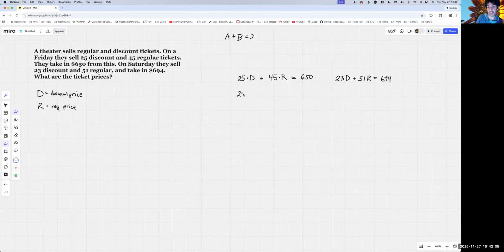So for example, I could subtract 45R from both sides, and then multiply both sides by 1/25.